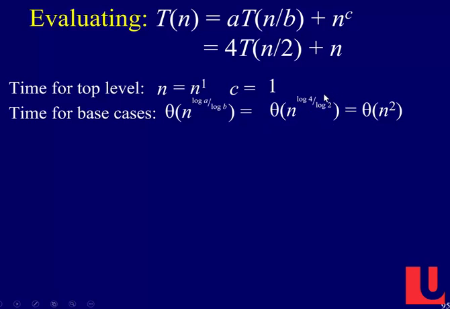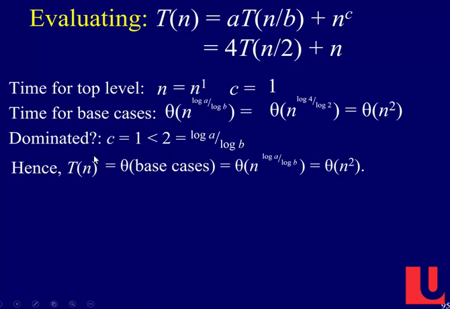And we'll discuss that in a minute. Then you take the exponents of these two. Here the exponent c is 1. Log A over log B is 2. 2 is bigger than 1. So we say, hence it's dominated by the base cases, and the answer is order n squared. Does that make sense?